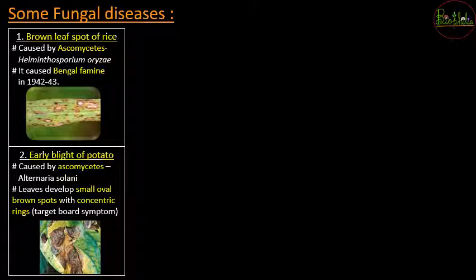Concentric rings हो जाते हैं, so you might be able to see the concentric rings. Maybe you can see the white concentric rings. That is going to be significant for the disease early blight of potato.